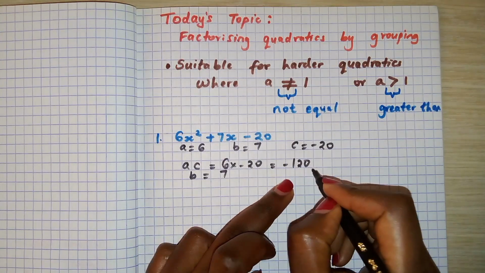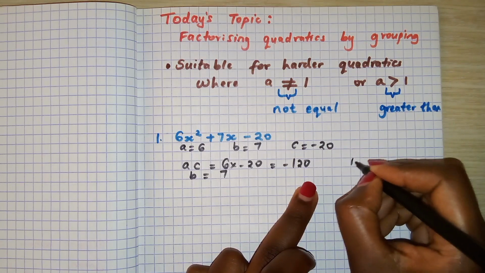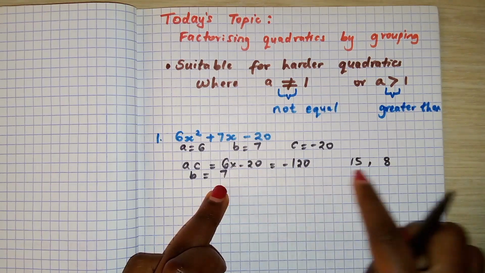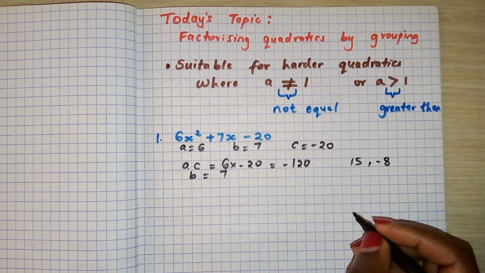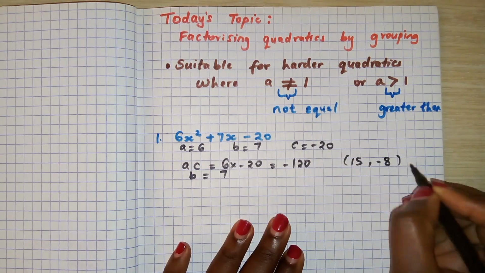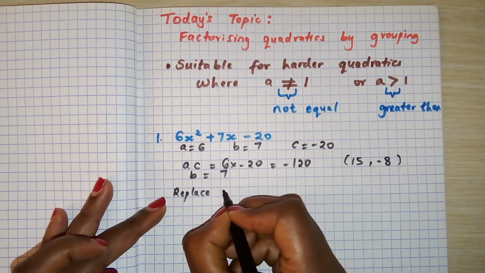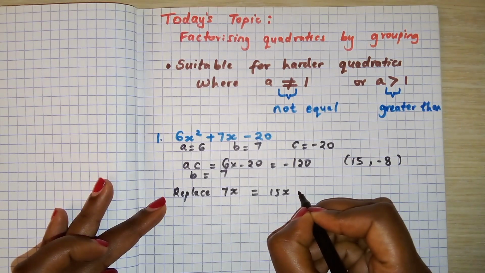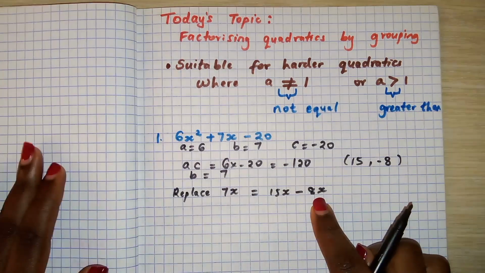Two factors of 120 that will give us a sum of 7 would be 15 and 8. But how do we get 7 from 15 and 8? We make the smaller number a negative. So in this case, you replace 7x with 15x and 8x, because 15 minus 8 is 7.